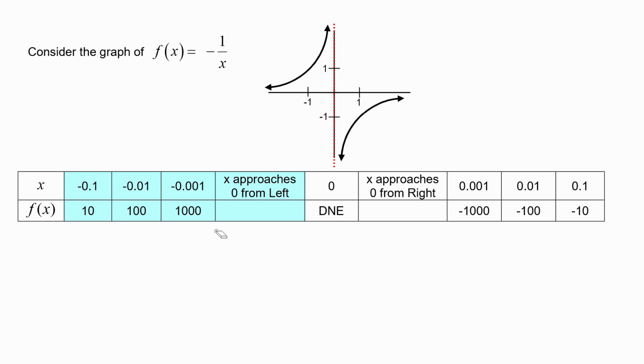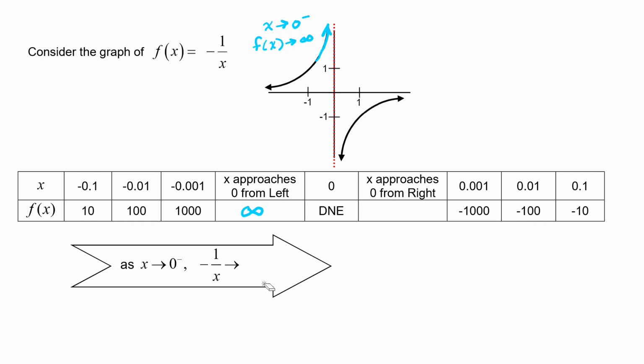So looking at the graph, as x approaches 0 from the left, the y values are heading up here to positive infinity. So x goes to 0 from the left, f of x goes to infinity.